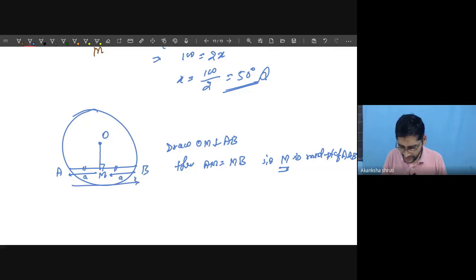So what will be the chord length? AB, twice of a. Okay, student? So be careful. So the chord length AB is twice of a.